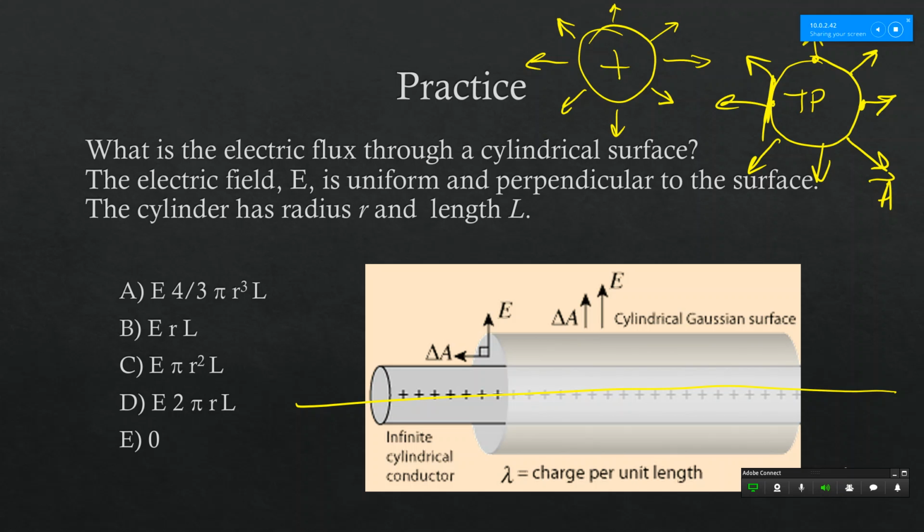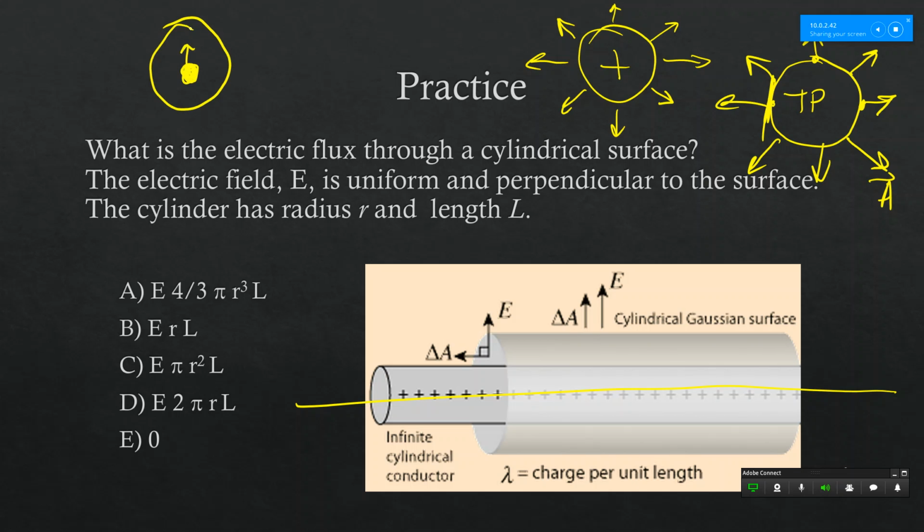This is amazing because I chose this toilet paper shape to put around my wire because at every single point, what is the angle created between the electric field and the area? 0 at every single point. So if I draw it like this, there's my wire, there's my toilet paper roll.